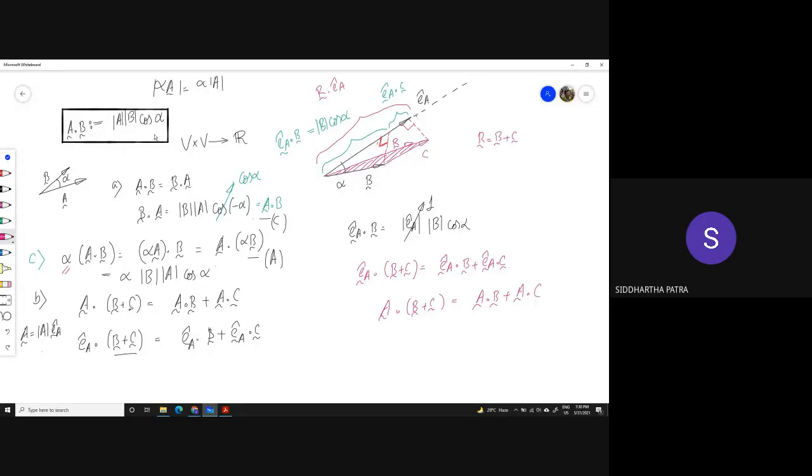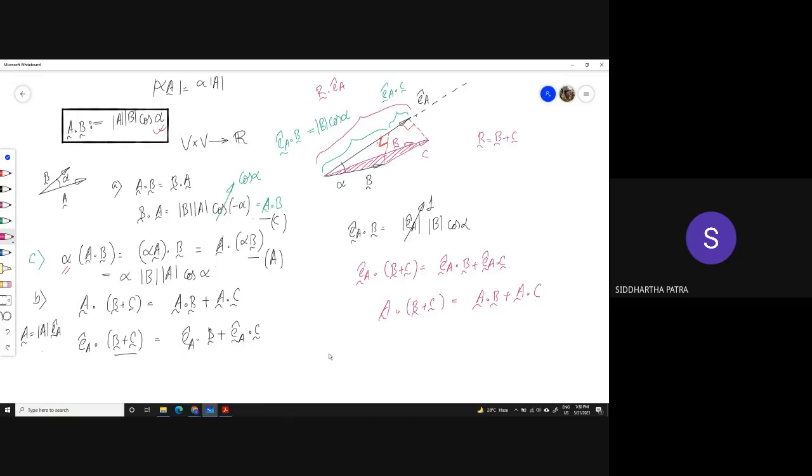So all of this comes from the definition itself. The distributive law is not some separately imposed condition on the dot product. It is just a derivation out of it. This graphical representation eventually leads you to this expression.